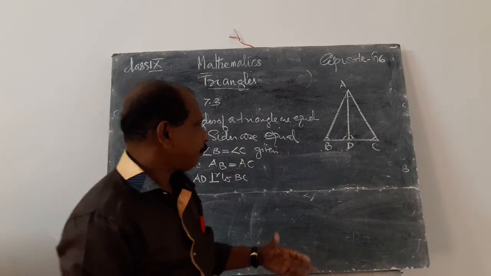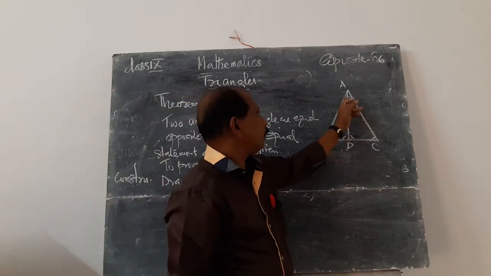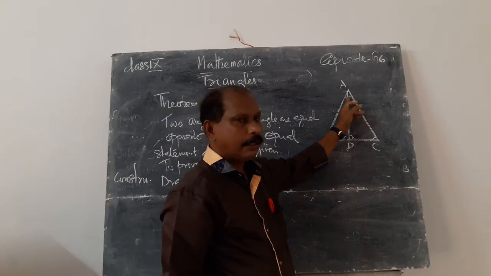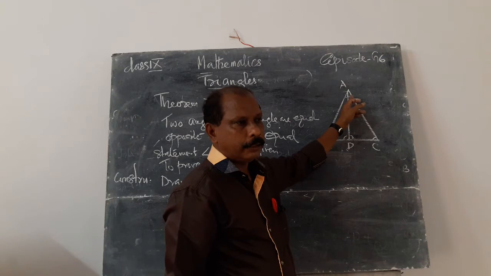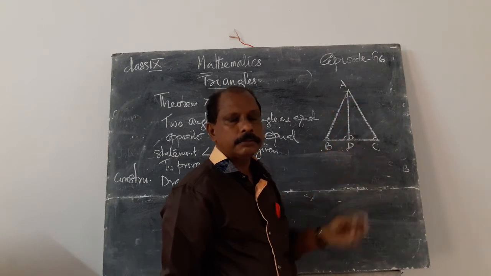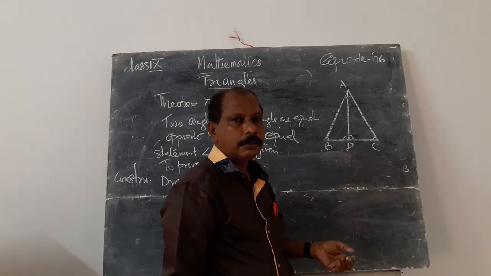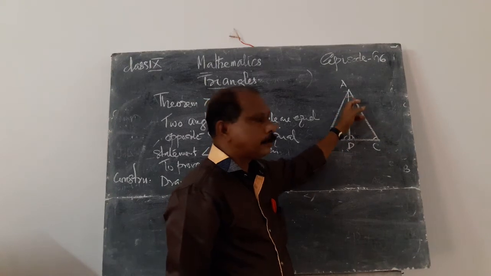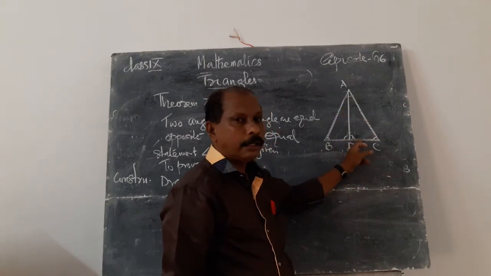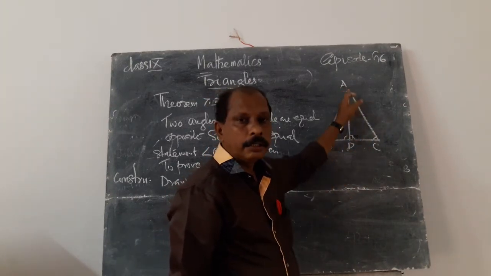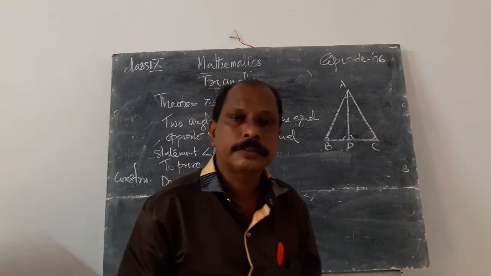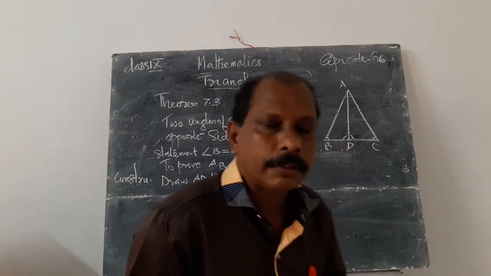Or, the median bisects the angle at A. Therefore, these two angles are equal. These two angles are 90. AD is equal to AD. Therefore, they are congruent.